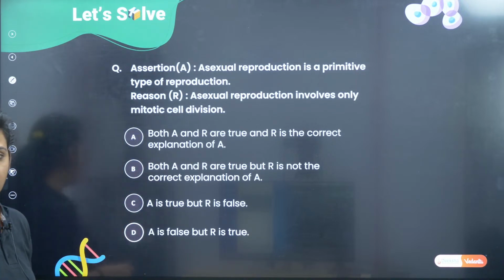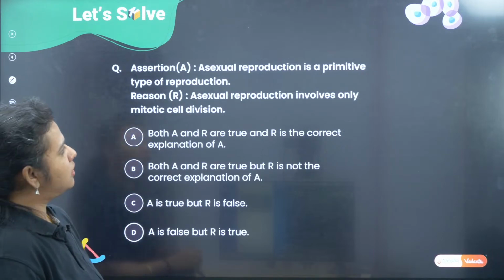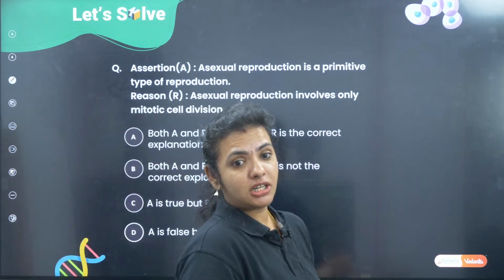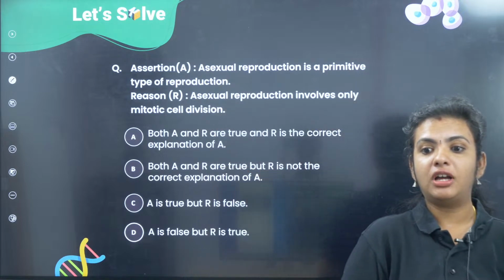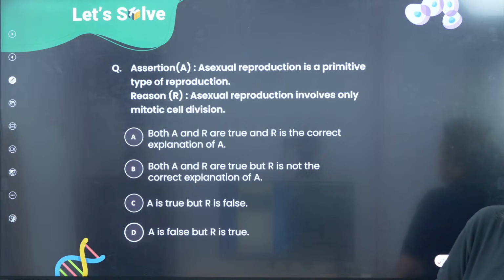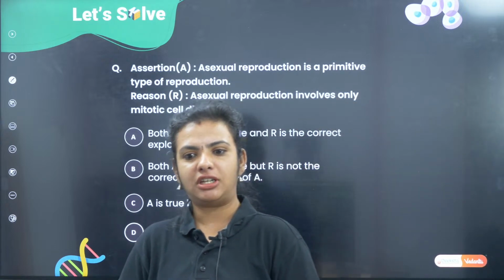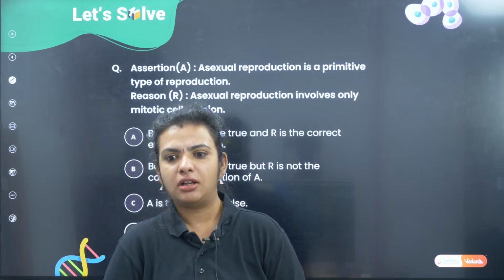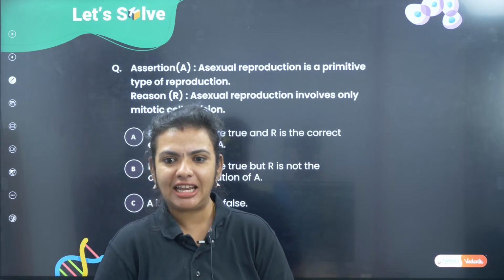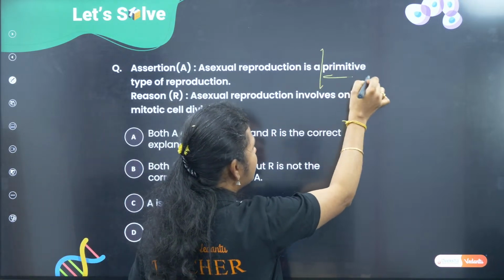Alright, so Venkatesh says option D. Asexual reproduction is a primitive type of reproduction. Asexual reproduction involves only mitotic cell division. Is it so difficult? Many of you say D, D, D. What do I mean by primitive?